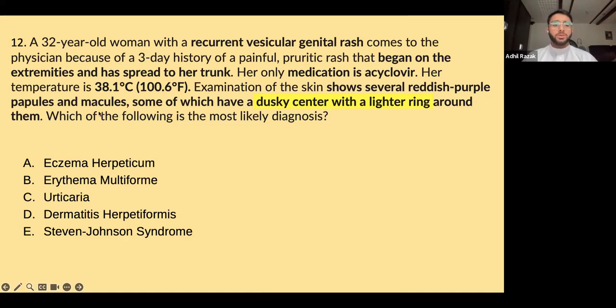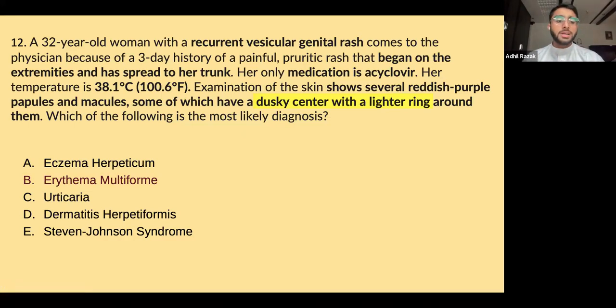You guys know what papules and macules are. Macules are the small flat ones. Papules are the small raised ones. It has a dusky center with a lighter ring around it. It looks like a bullseye lesion. So which of the following is the most likely diagnosis?